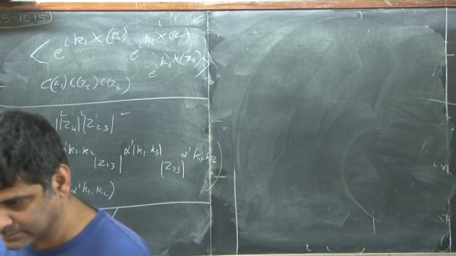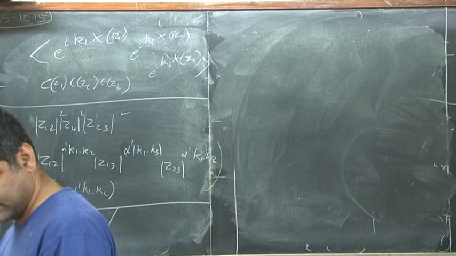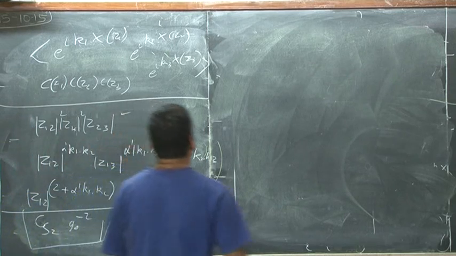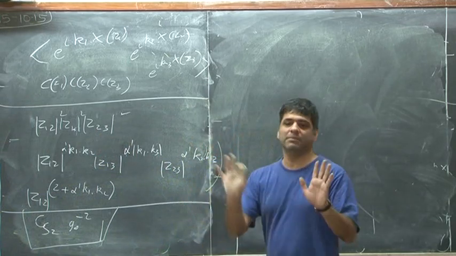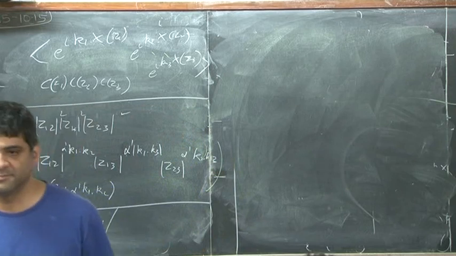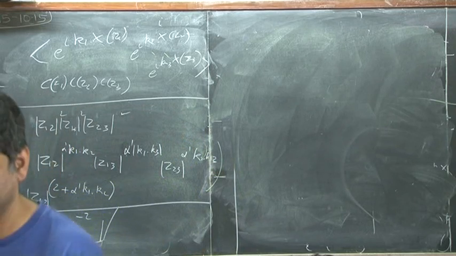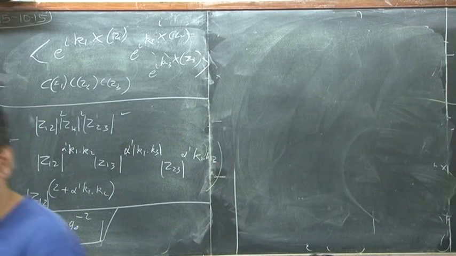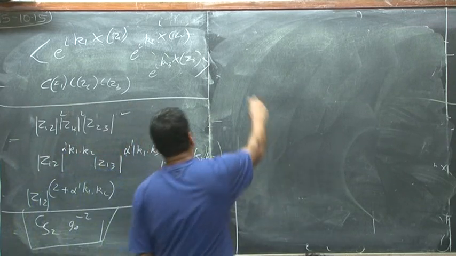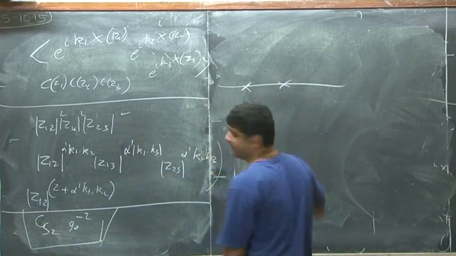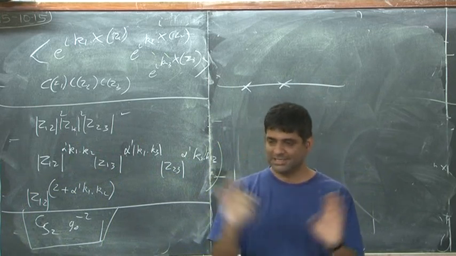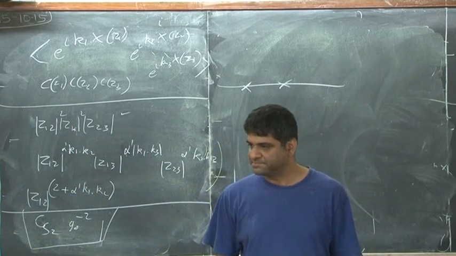For scatterings, you want to get closed surfaces with fixed topology. Our rule is you have to compute insertions of operators, and that gives you the S matrix. Insertions of operators on closed surfaces, or insertions of operators on surfaces with boundaries. That's the rule, and that's what we're going to do.